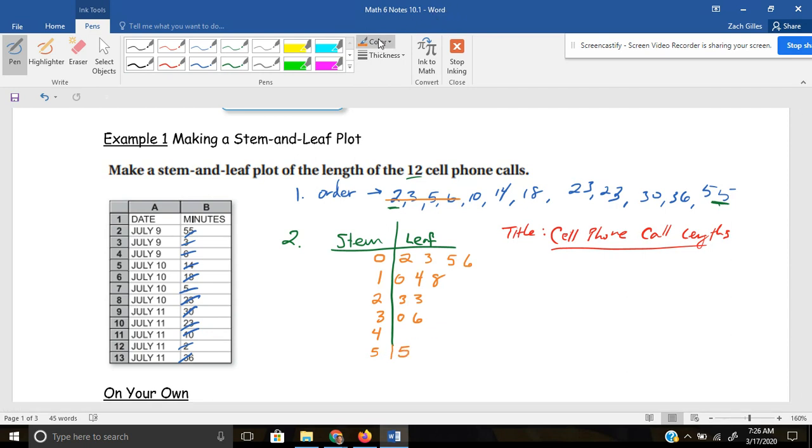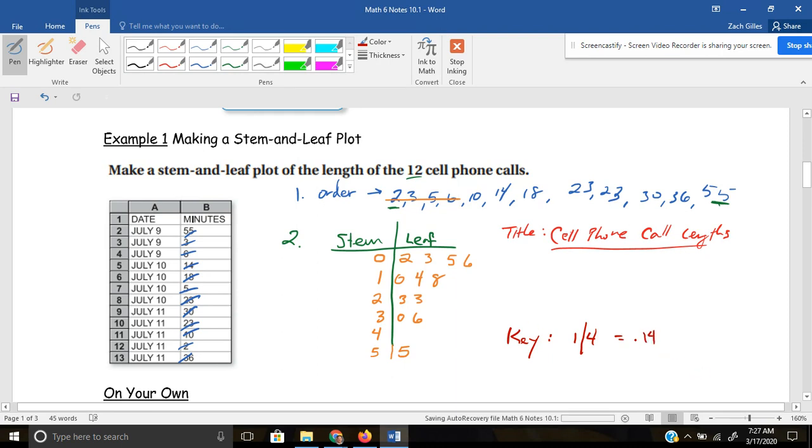One thing I said earlier: don't forget your key. So I'll include my key as well. I'll just pick a number here: 1, then this bar here, and a 4, that would equal 14.